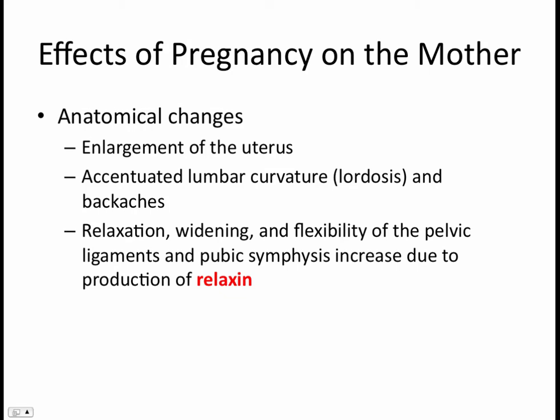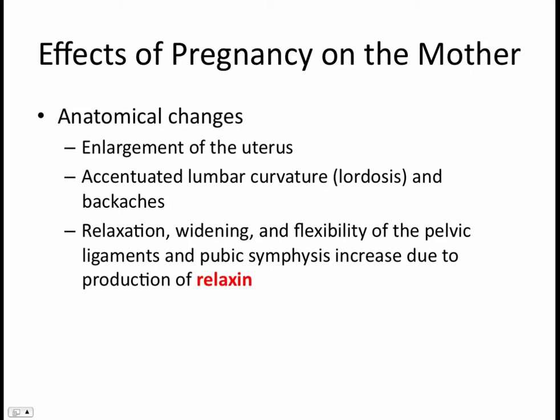Of course, we can't do anything about developing this embryo to this fetus without the mother. And the mother herself has to undergo lots of anatomical and physiological changes to respond to the developing embryo and fetus. First is enlargement of the uterus, as the embryo develops into the fetus, we need to account for more room and more space.